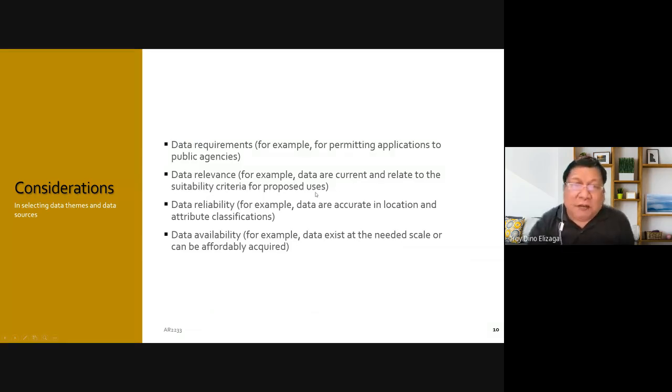And it's also, for example, your data might be so broad, like you're showing a general climate of the Philippines when you're analyzing only a small parcel of land. So it's not relevant.